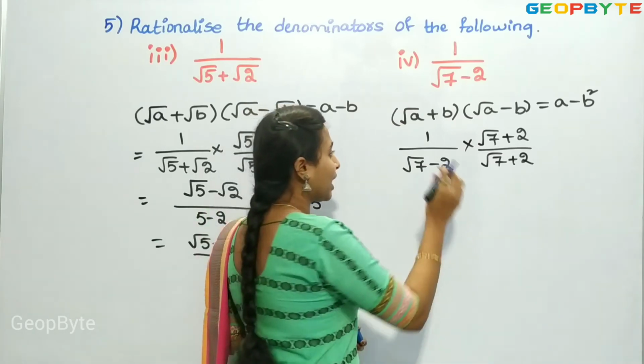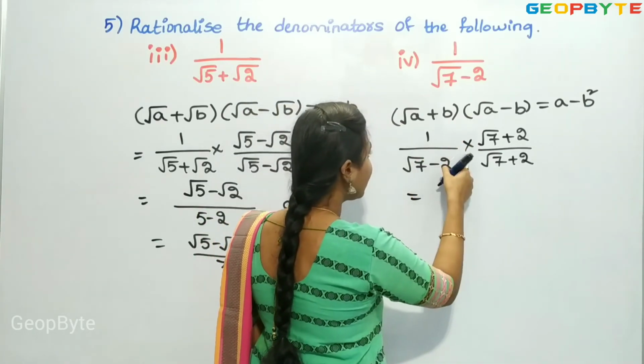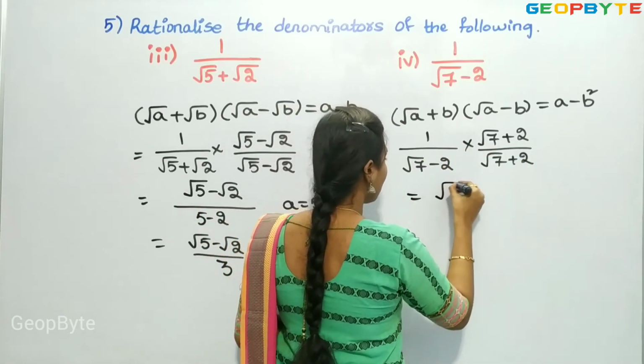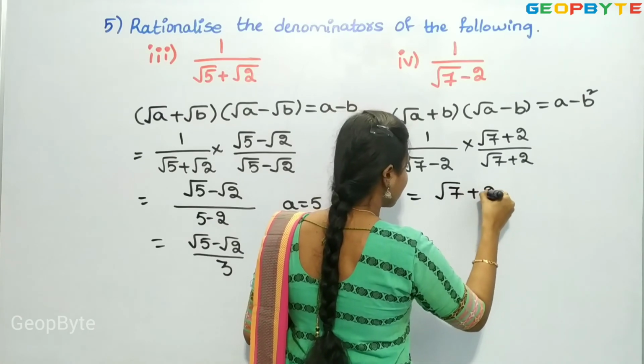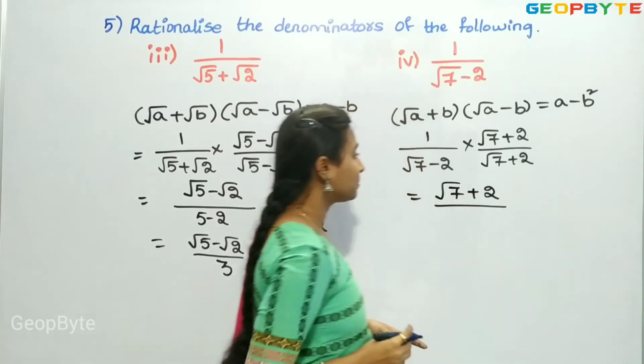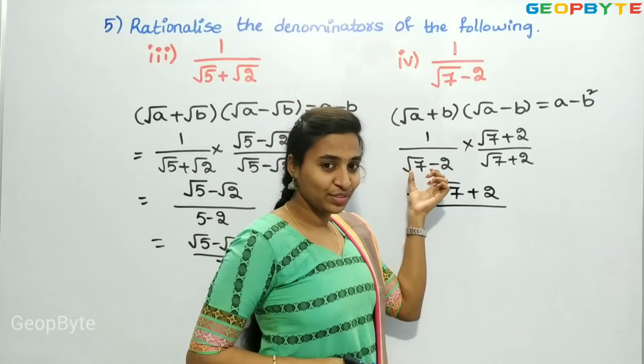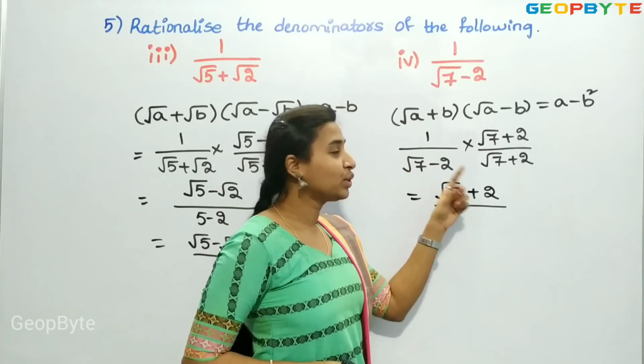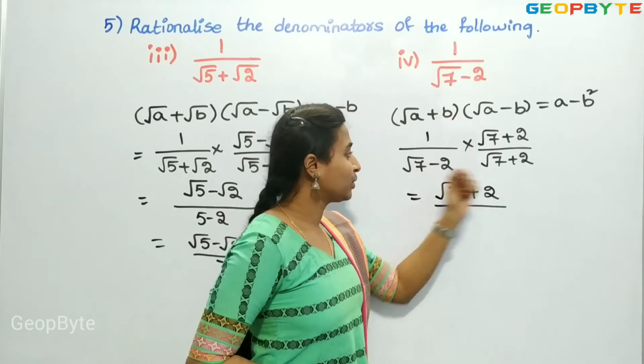Now let us multiply the numerators. 1 into root 7 plus 2 gives you root 7 plus 2 by, it is in the form of root A plus B into root A minus B, as similar to this.